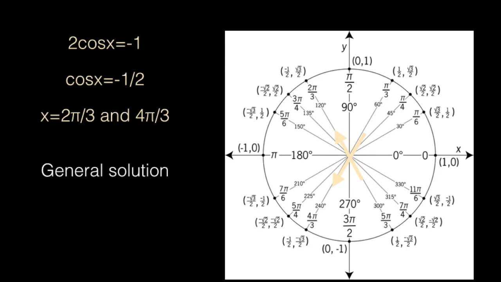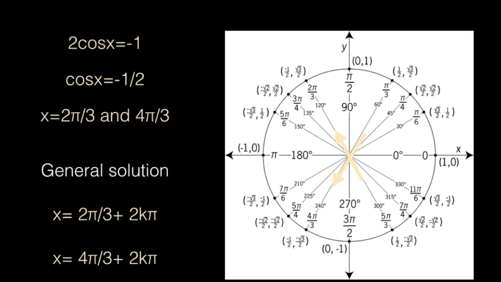Again, we're looking for the general solution, so just writing out x is equal to 2 pi over 3 and x is equal to 4 pi over 3 does not encompass all of the solutions. So we have to write x is equal to 2 pi over 3 plus 2k pi, or x is equal to 4 pi over 3 plus 2k pi.